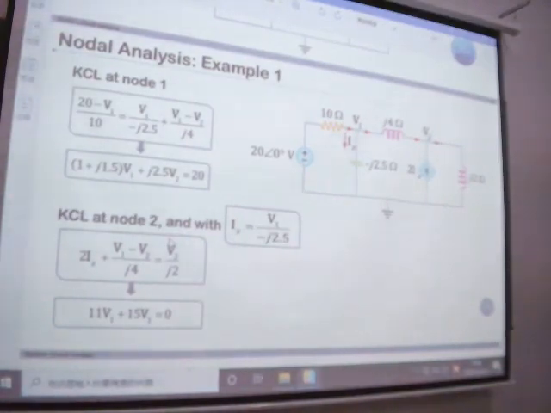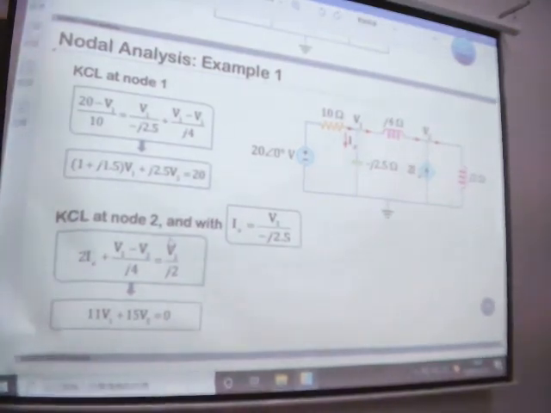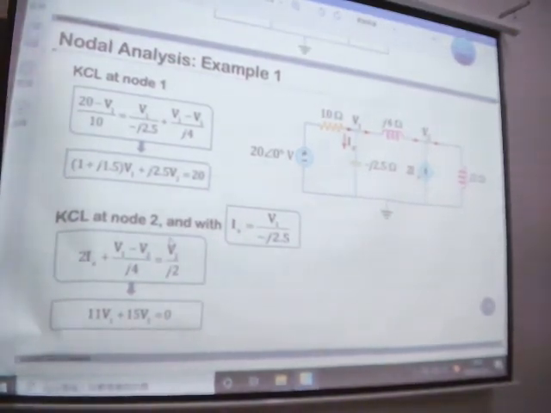So now we calculate I1. I1 equals what? I1 is V1 minus V2 over 4j.